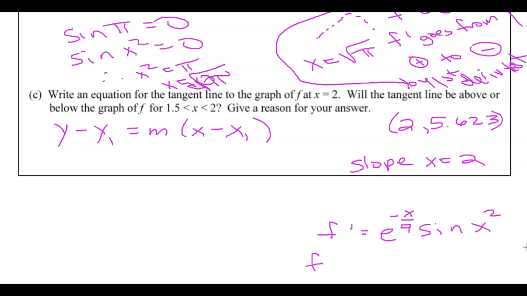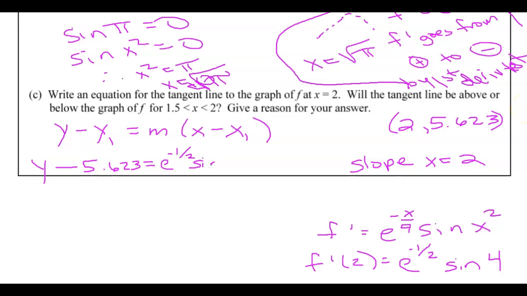So if I plug in 2, f prime of 2 equals e to the negative 1/2 times sine of 2 squared, so sine of 4. And like I said, that would be radians. That's my slope. So I get y minus y1 equals m times x minus x1. And remember, you don't have to clean up this tangent line.